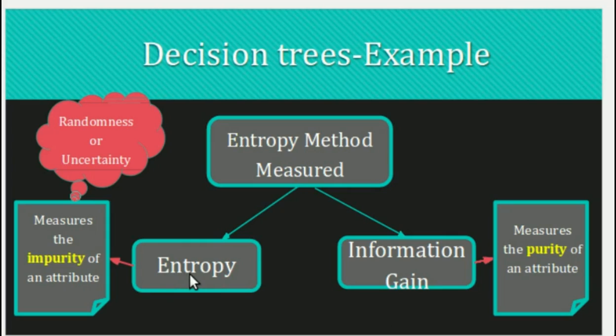It is lowest if there is at most one class present, and it is highest if the proportions of all the present classes are equal. Information gain is used to measure the purity of an attribute. Remember that attributes are assumed to be categorical. Next, we will see the mathematical equation for both of these terms.